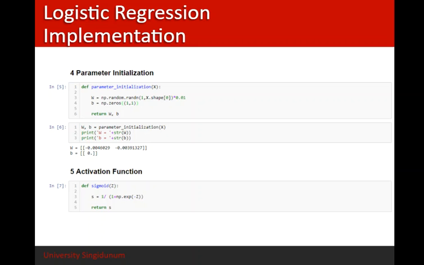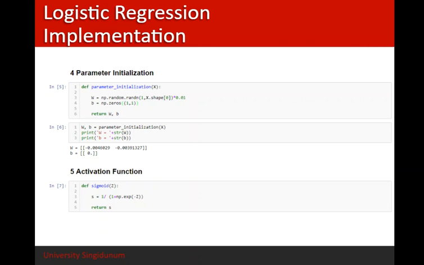We said that x is always given, so we cannot change it, but for w we can select whatever values we want, though actually it is randomly initialized. And for the bias we can do zero initialization, and this function returns the values of w and b. If we print out the parameters, you can see in the next section what the value of b is and what the value of w is.